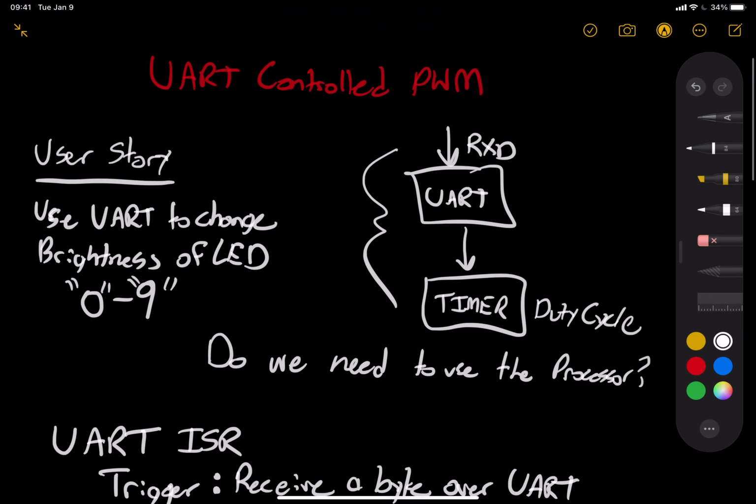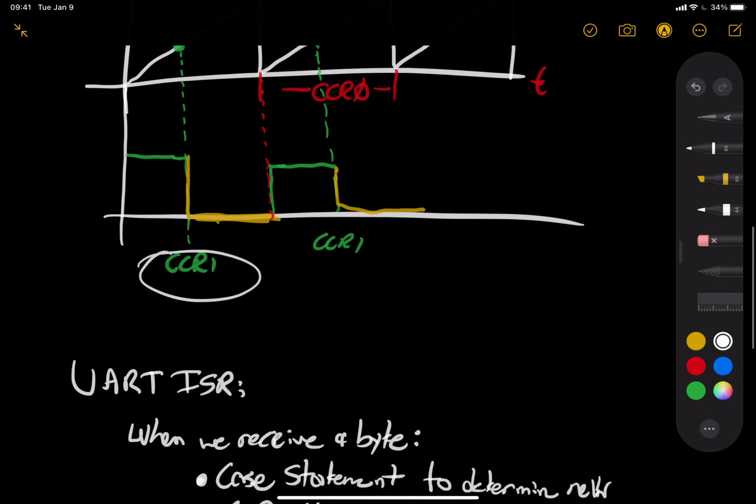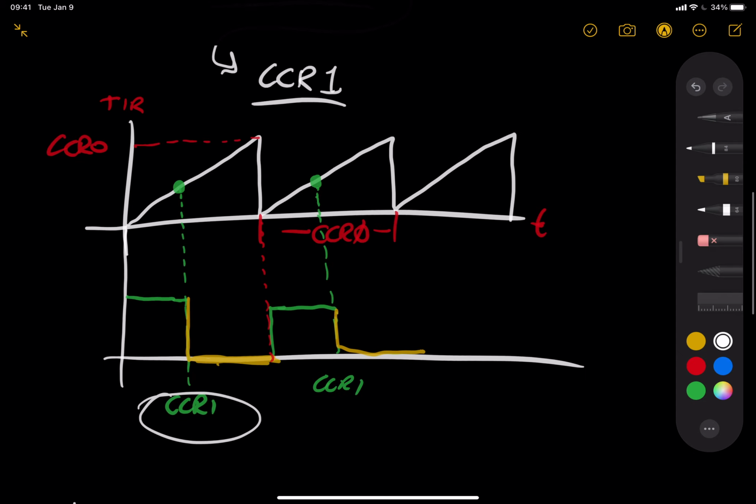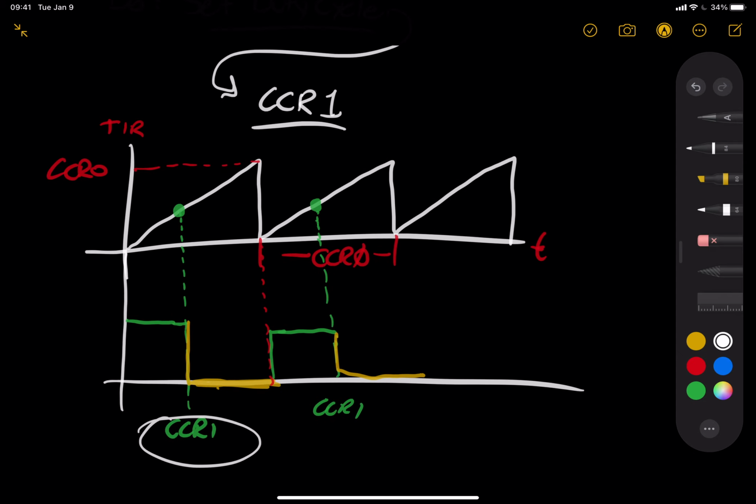So what's going to happen is, before we even start up, set CCR0 equal to 900. Cool. Because now it's going to count up to 900 here. So now it's a pretty easy mapping.